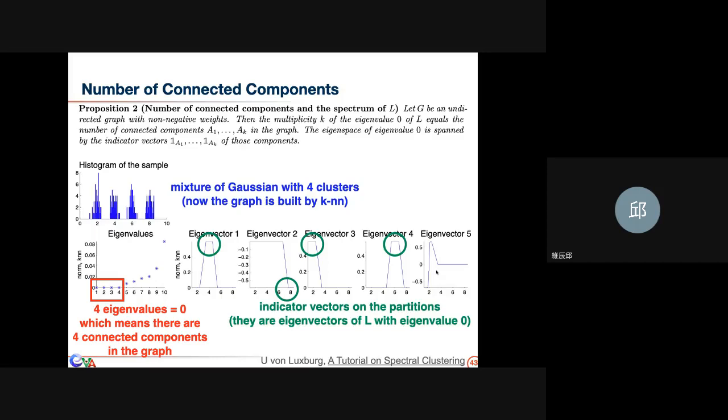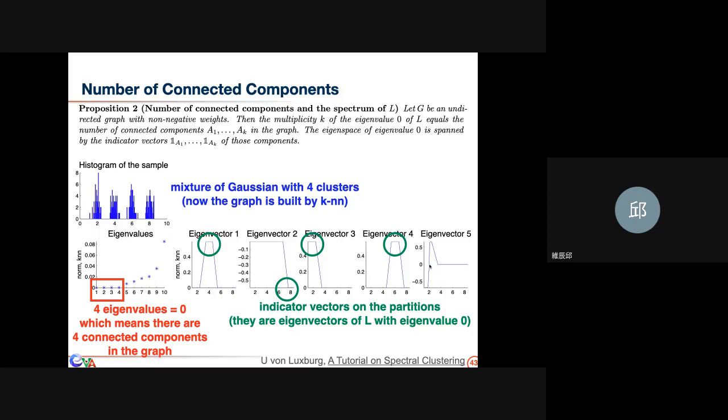Even if this is not a very nice form of the indicator vector, after thresholding the values of the elements in the eigenvector, it is still able to provide us a hint or idea about the possible partition.